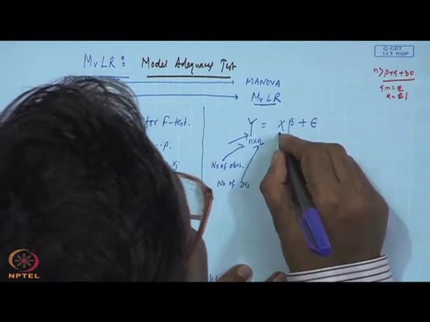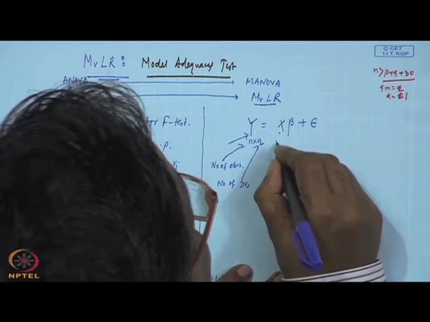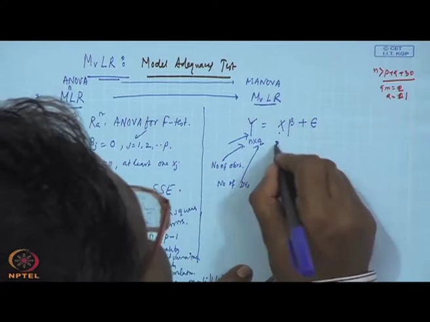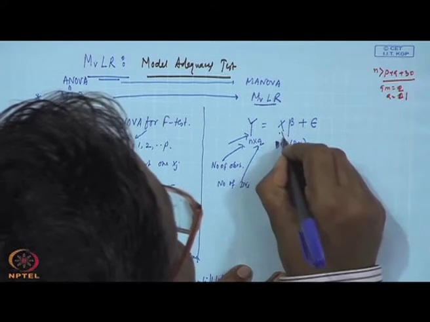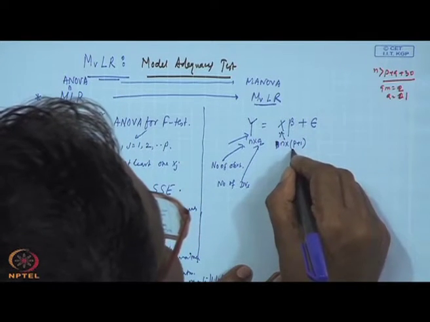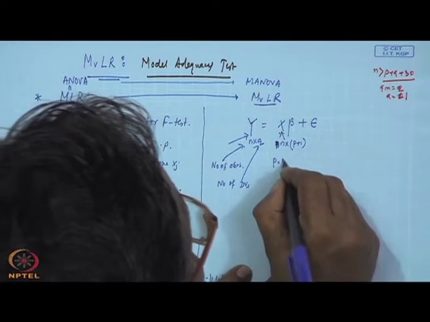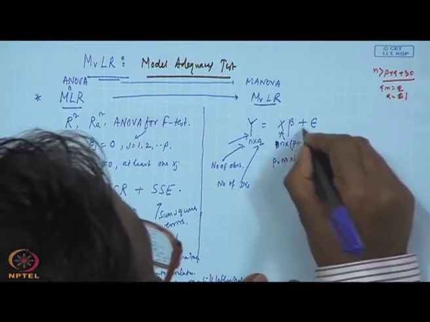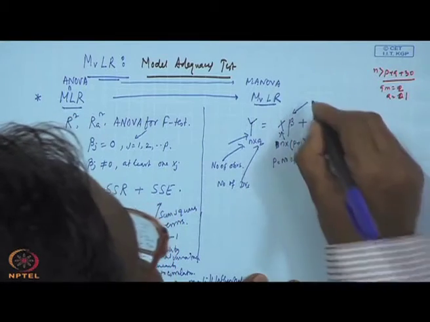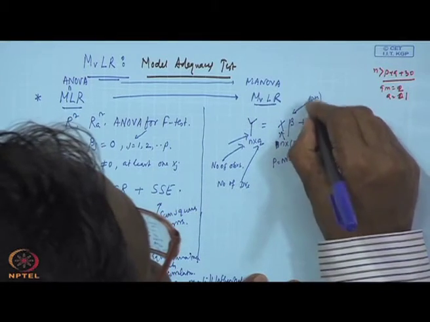Then this X is n cross p plus 1, where p is the number of IVs, and your beta is p plus 1 cross q.